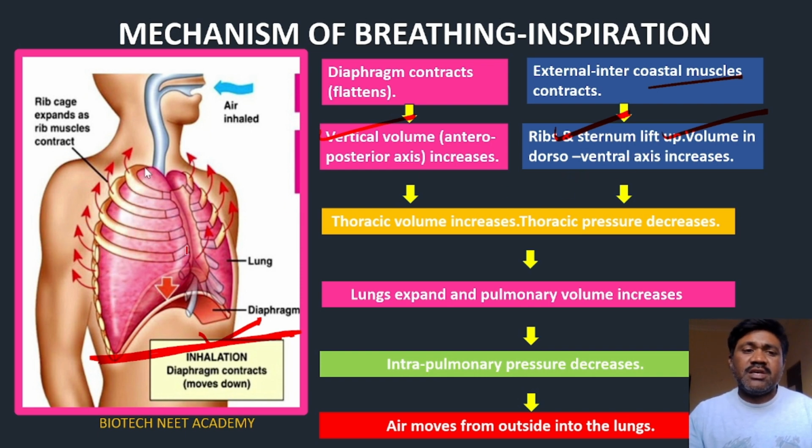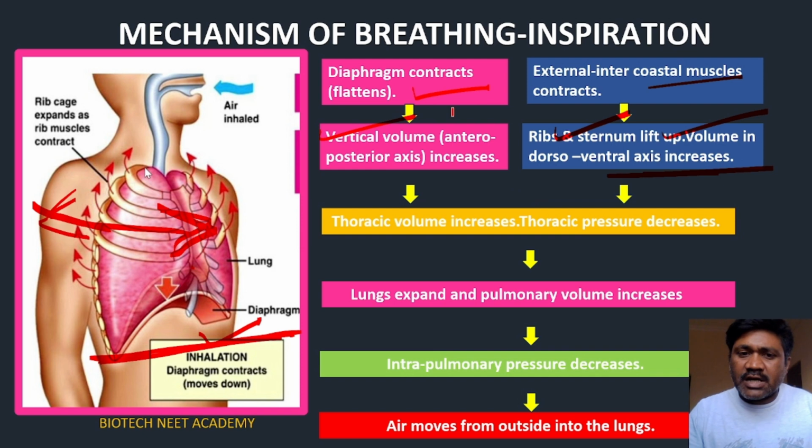Then, on this side, the ventral side, and this side, the dorsal side, the dorsoventral axis increases because of the external intercostal muscle contraction. You have to remember: whenever the diaphragm contracts, the antero-posterior axis increases. Whenever the external intercostal muscles contract, the ribs and sternum lift up, and the dorsoventral axis volume is increased.